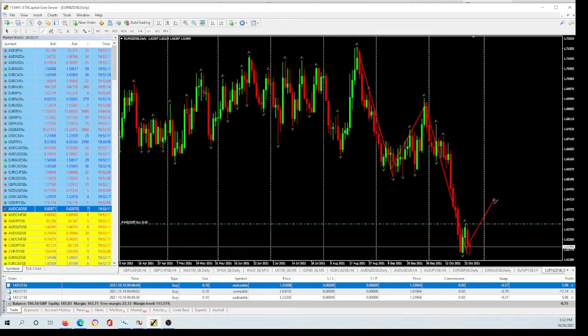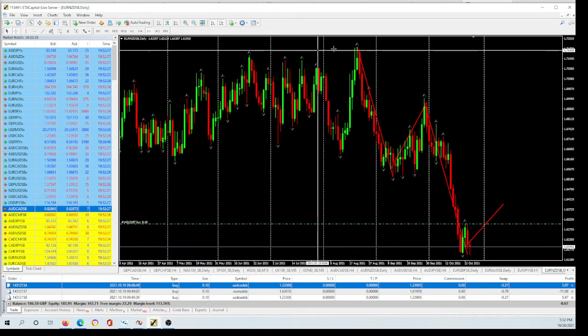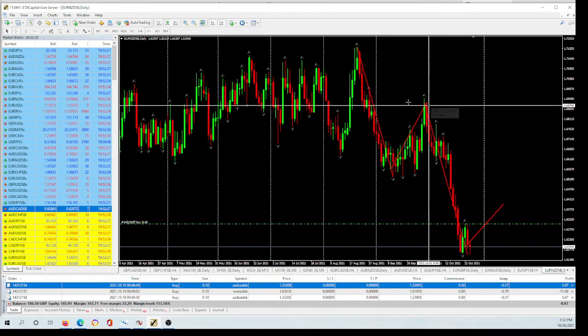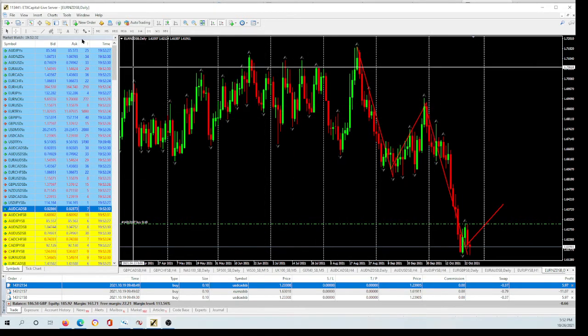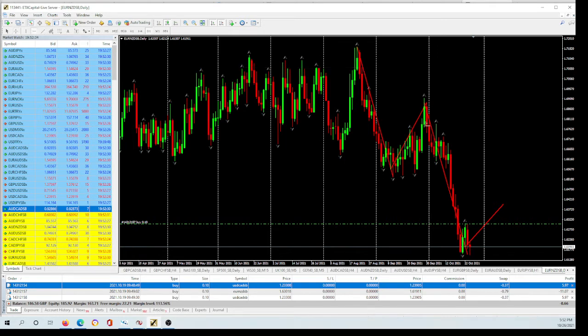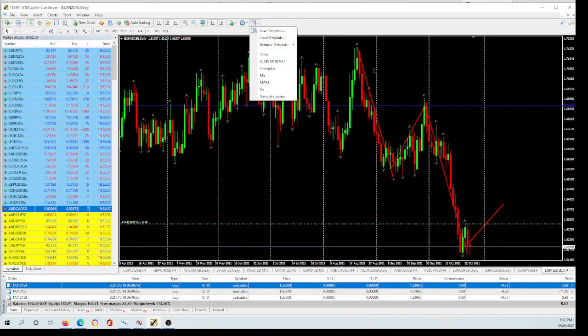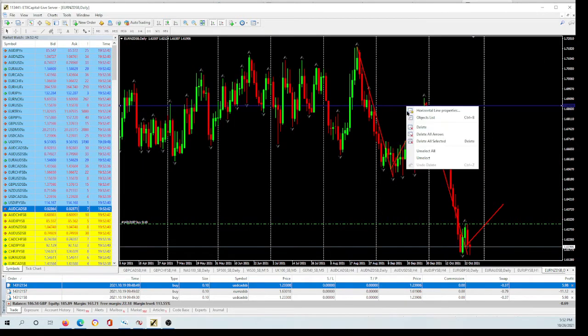We don't have it yet, but this is what is going to happen next. And the reason is this high: when you form lower highs, the next high that you form, as you can see, let me put the trend line there, and let me make it red so that you can see.